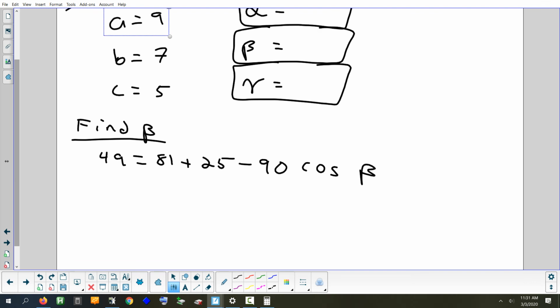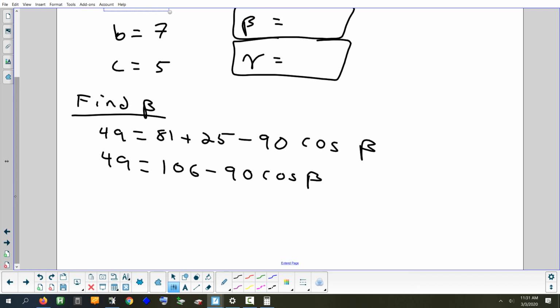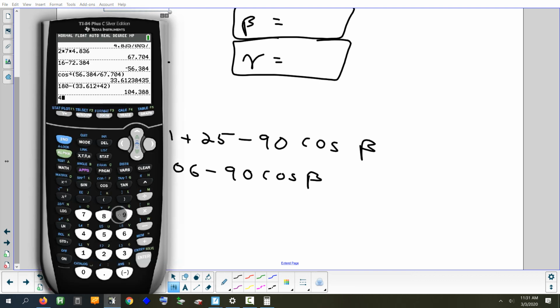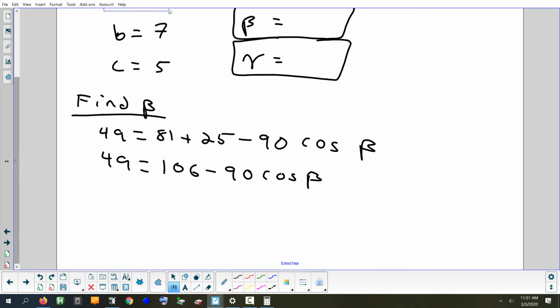That's good. Okay, what's my first step? 81 and 25 gives me 106. Next step. Subtract the 106 from both sides. So 49 minus 106 is negative 57 equals negative 90 cosine beta.